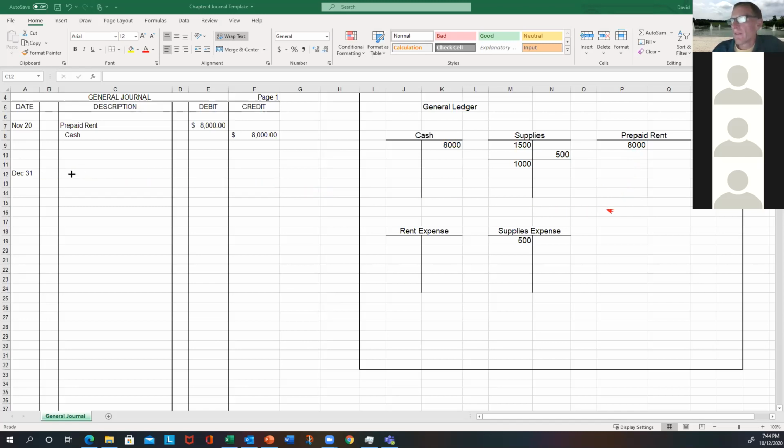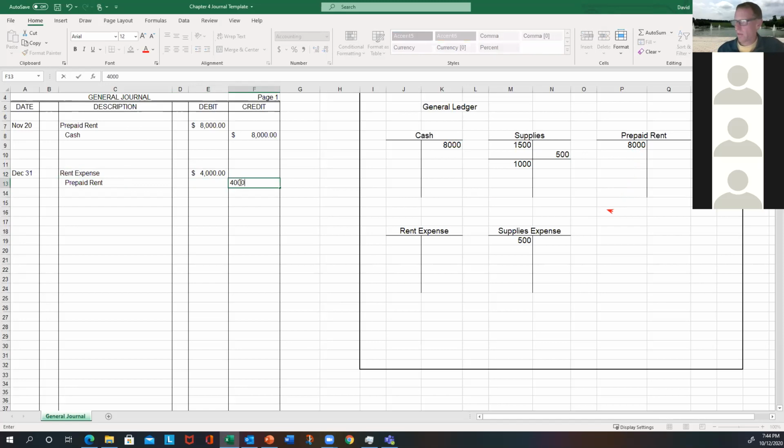So what would happen then is we would debit, let me give you the adjusting entry. We would debit rent expense, and we would credit prepaid rent for $4,000. And again, this is for 1 month of rent expired.